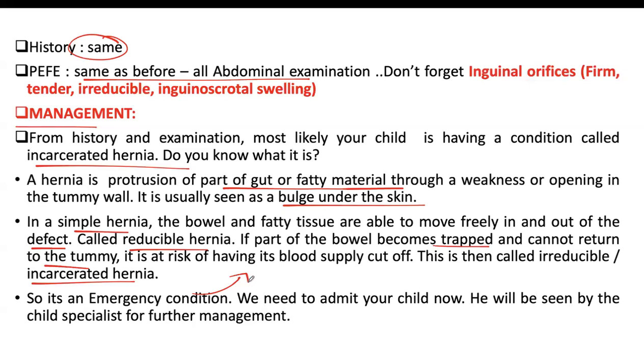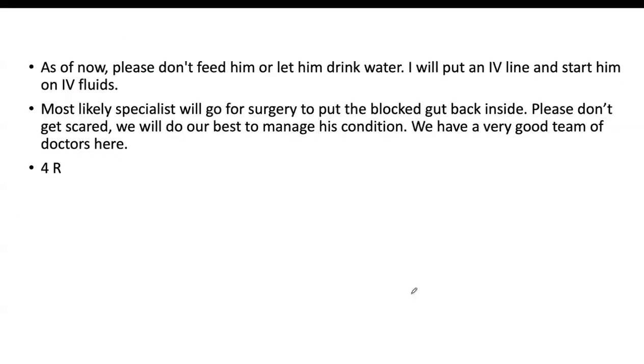I'm so sorry to tell you all of this. I didn't mean to scare you, but this is something which I need to tell you so that you understand why it is an emergency. I'm going to admit your child to the hospital. I will call my senior and he will be seen by a specialist for further management. As of now, please do not feed him or let him drink any water.